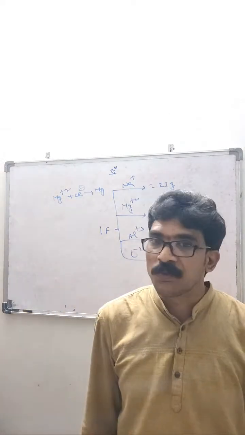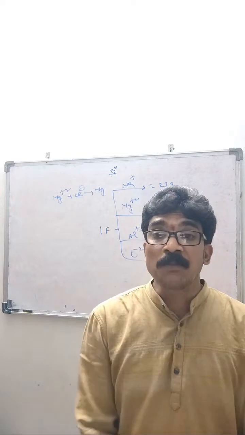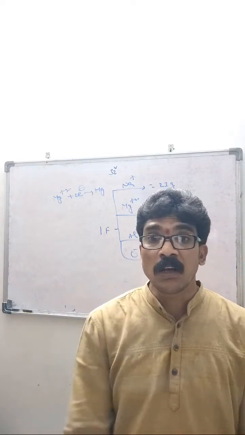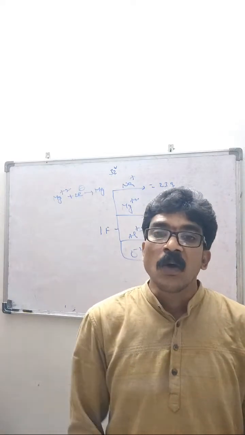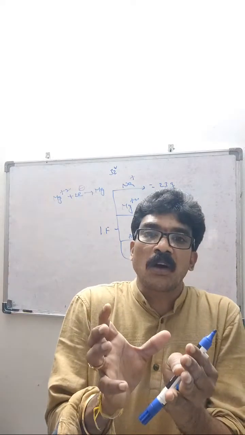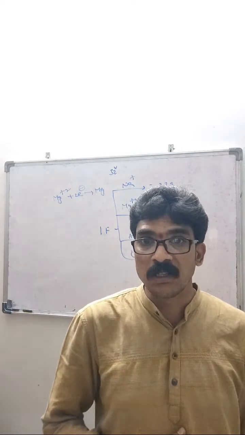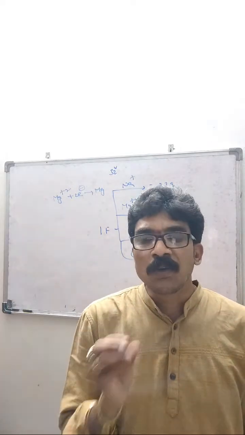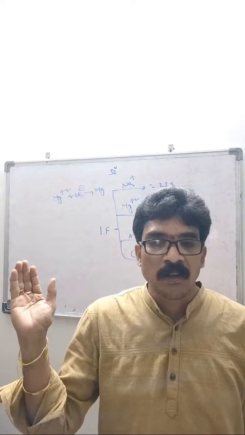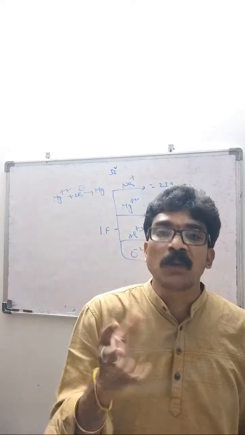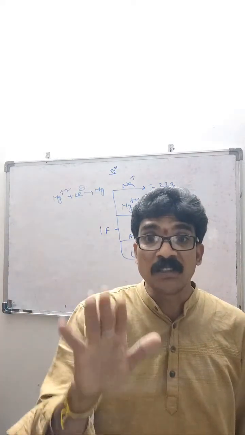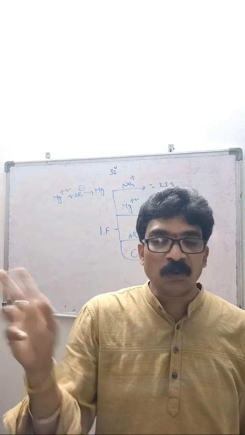Can you explain: when 1 Faraday of electricity is passed through acidulated water, what is the volume ratio of hydrogen and oxygen at the cathode and anode respectively? Pure water is a bad conductor, that is why we take acidulated water, where H+ and OH- will come.